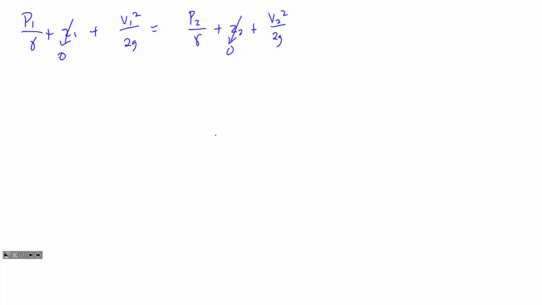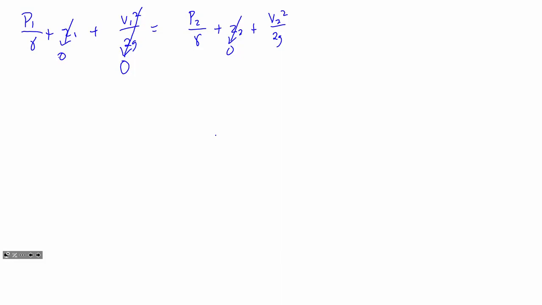Okay? Point 1, again, was the point in the streamline where we hit the stagnation point. So at that point our velocity is going to be equal to 0. It's transferring all that kinetic energy to a pressure head. And so our velocity at that point will be 0.